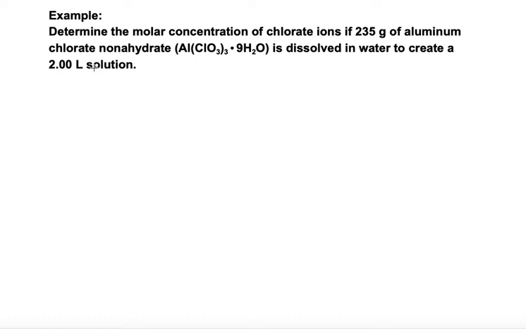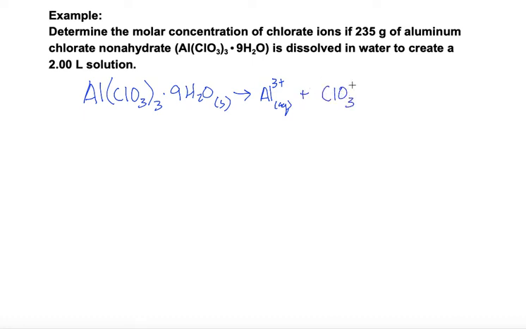So this is an ionic substance. Remembering ionic substances, when we put them in water and they become aqueous solutions, they dissociate, which means they break into the ions. So if we start with this substance and put it into water, we're going to end up with an aluminum 3+ ion in solution, that's the aq. We're going to end up with chlorate ions in solution.